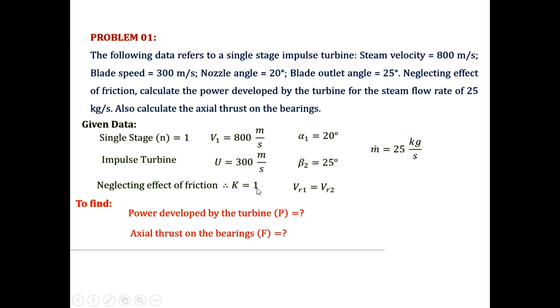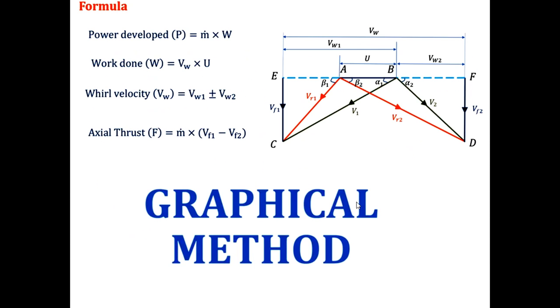If you neglect friction, K becomes 1, meaning VR2 equals VR1. Once you draw this, the gap generated here is A to C. Once you join this AC line, you will find beta 1 and VR1. VR1 is the same as VR2, so 528 for both VR1 and VR2.